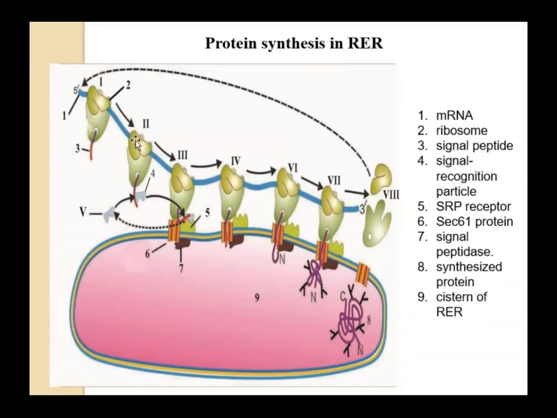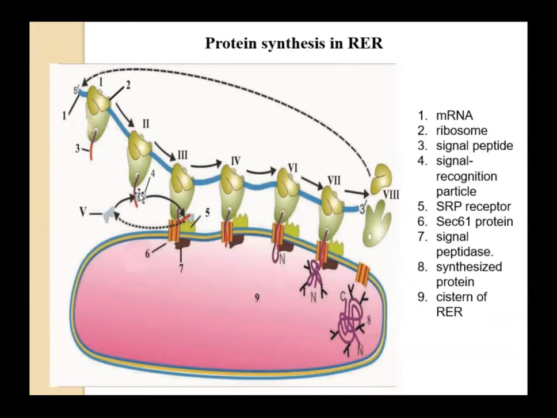That thread is the messenger RNA. So the signal peptide, here we can see. The signal peptide inside of the cytosol will be recognized by the signal recognition particle, that is this one, number 4 here. And this SRP, signal recognition particle, binds to the signal peptide.